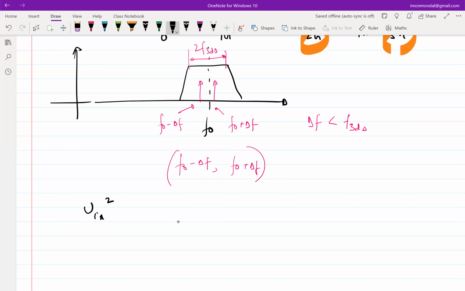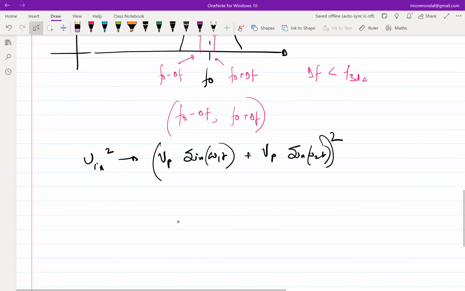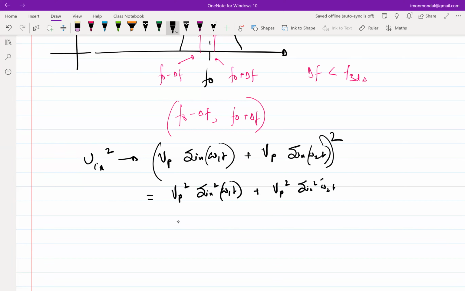So V in squared will lead to Vp sine omega 1t, where I am saying this 2 pi f naught minus delta f to be omega 1, plus Vp sine omega 2t, whole squared, which essentially means that I get Vp squared sine squared omega 1t plus Vp squared sine squared omega 2t plus 2 Vp squared sine omega 1t sine omega 2t.